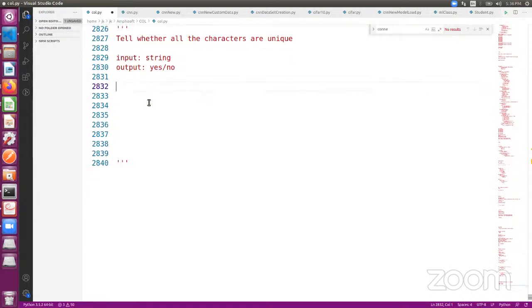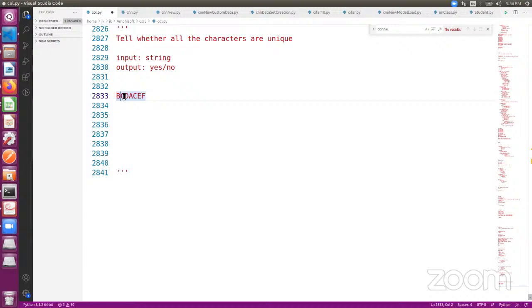You can take any string. For simplicity, let us take easily understandable strings. So if the input is this, what happens here? You can see that C is repeating, whereas all the other characters are not repeating.